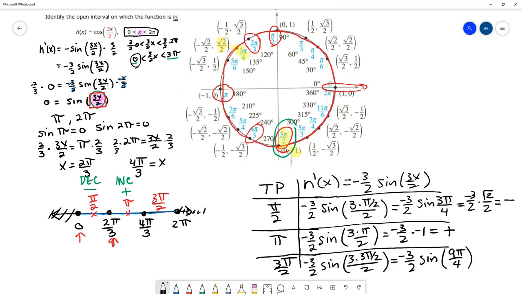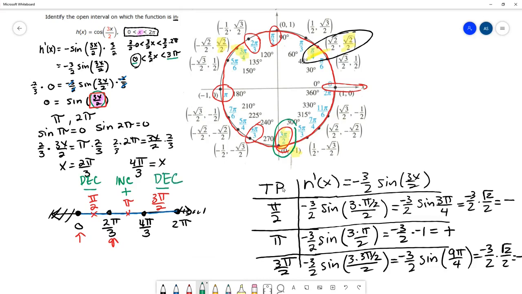And 9 pi over 4 is the same thing as pi over 4 when we rotate around the circle. So the y-coordinate is positive square root of 2 over 2, so we have -3 over 2 times square root of 2 over 2. That works out to be a negative. So our function is decreasing on the interval from 4 pi over 3 to 2 pi.